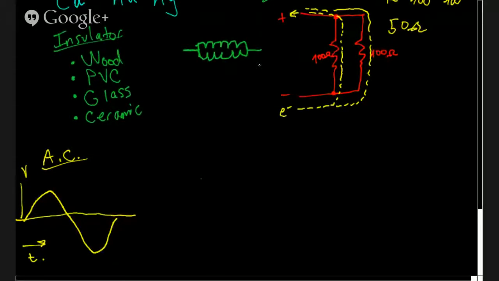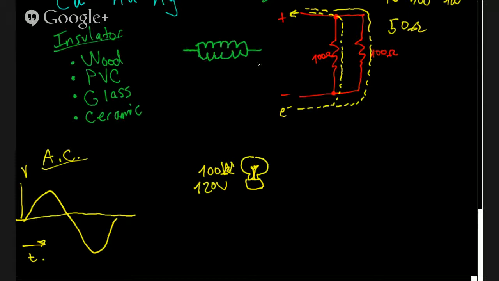Let's say you have a 100 ohm light bulb. You could actually work the other way and say, let's say we have a 100-watt light bulb. Yeah, let's do that. This is watts. Domestic voltage in Northern America is 120 volts.